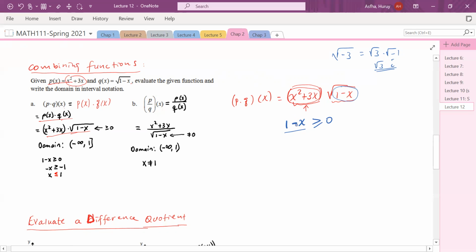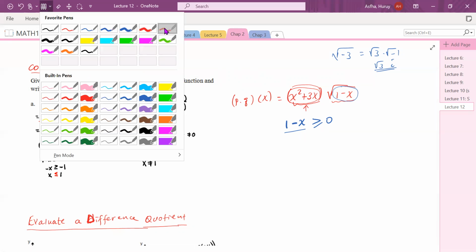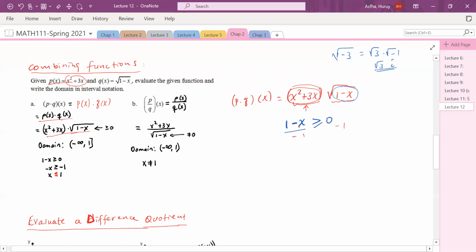This is an inequality, so we solve it. If we subtract 1 from both sides, we get -x greater than or equal to -1. If we multiply both sides by a negative, we flip the sign: x less than or equal to 1.